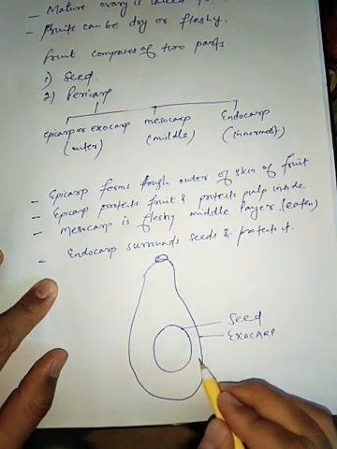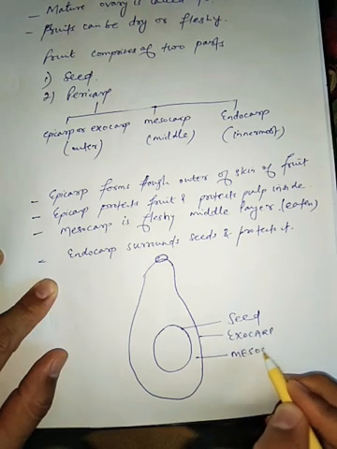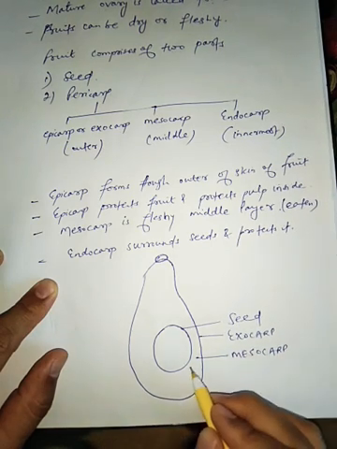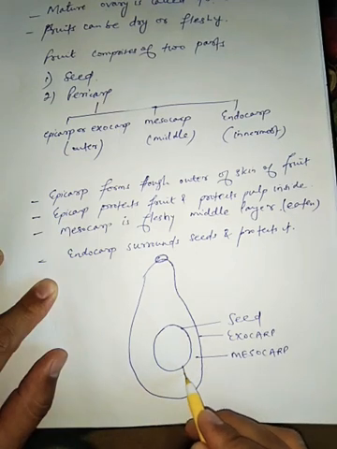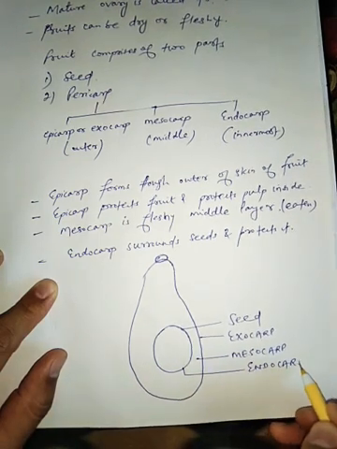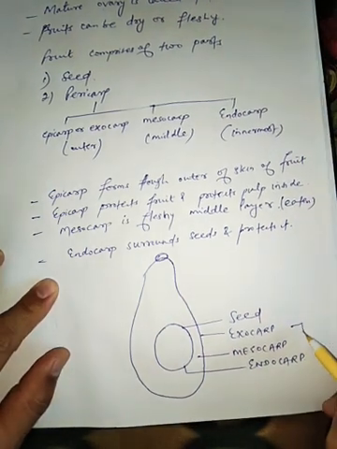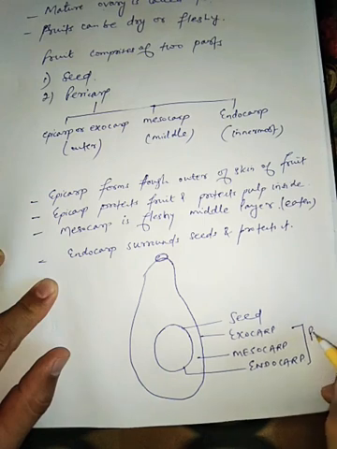Exocarp. Mesocarp. This one. Endocarp. These together form pericarp.